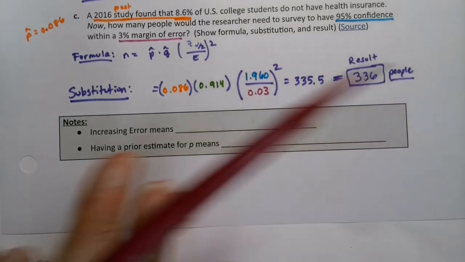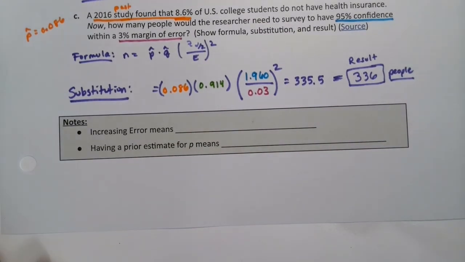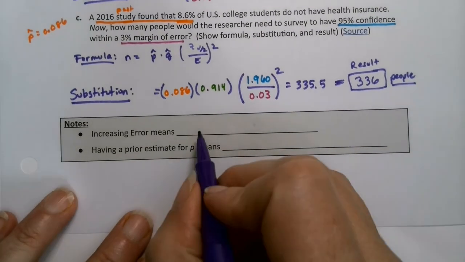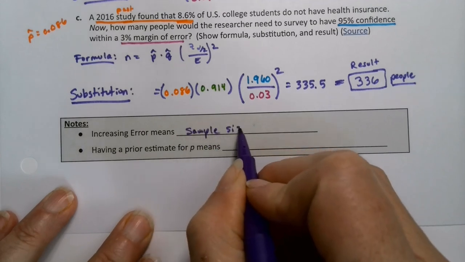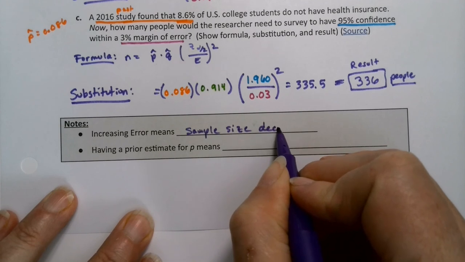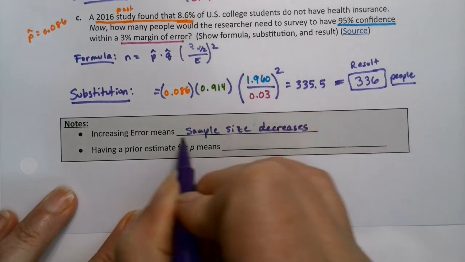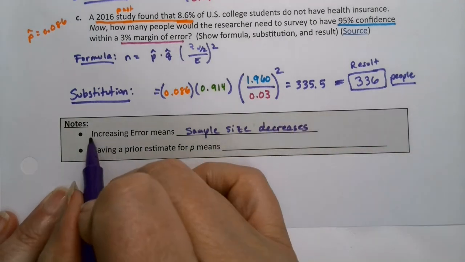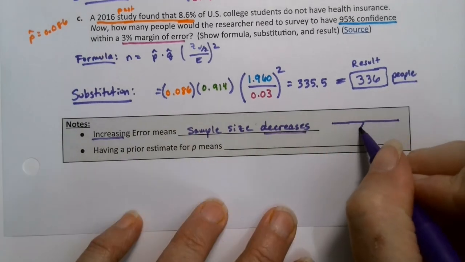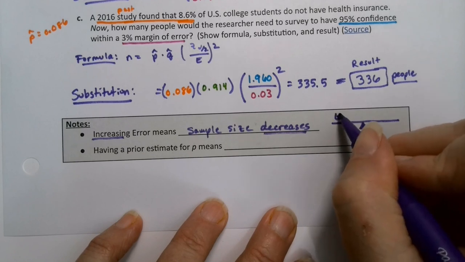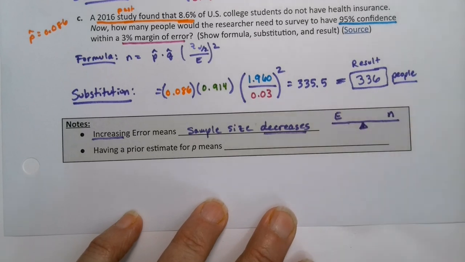So that leads us to a comment down here. When you increase the error, the sample size decreases. Right? Increasing error means sample size decreases. In other words, think about it this way. You have error here and sample size here.